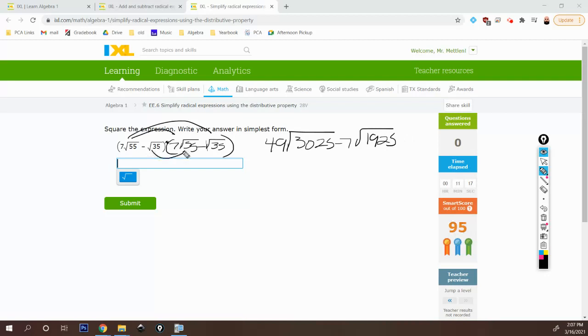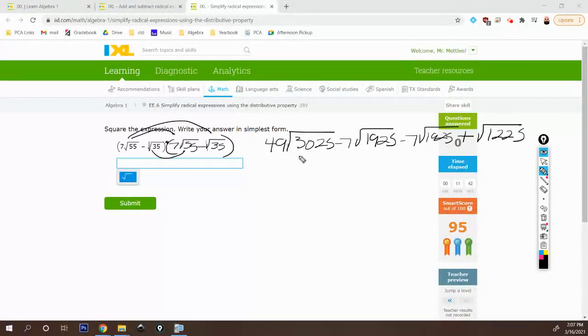And then we're going to do this one. Again, negative 1 in front, so that's a negative 7. And 35 times 55 is the square root of 1,925. And then negative 1 times a negative 1, so that's a positive 1. And then 35 times 35 makes 1225.